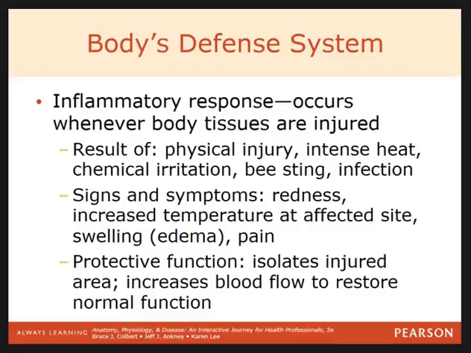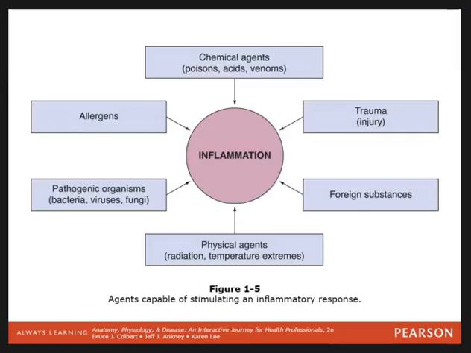The protective function is to isolate that injured area so that fluid and blood get in there to help restore normal function. Now, your book has a diagram of the things that could cause inflammation, as I stated on the previous slide.